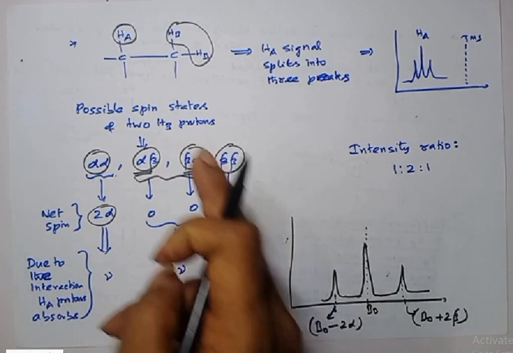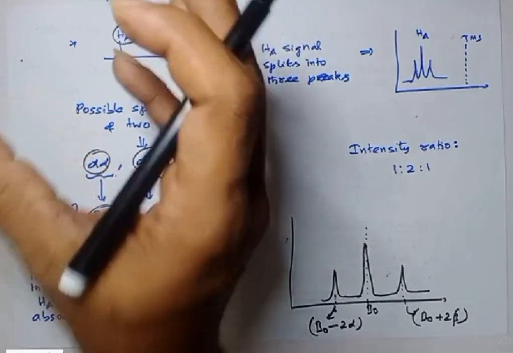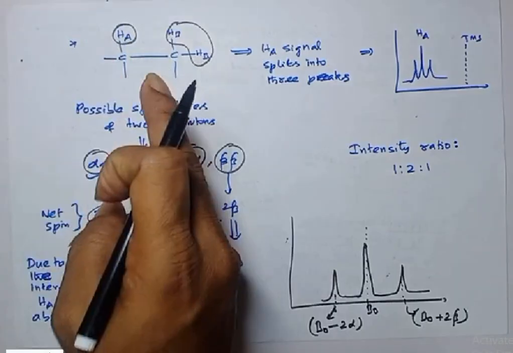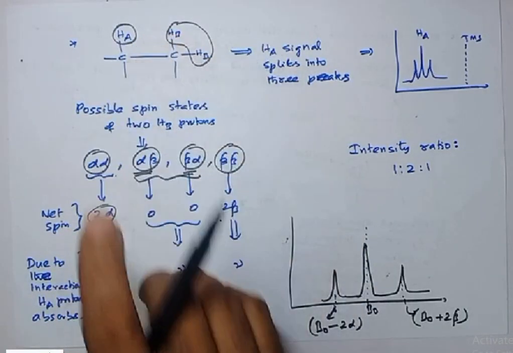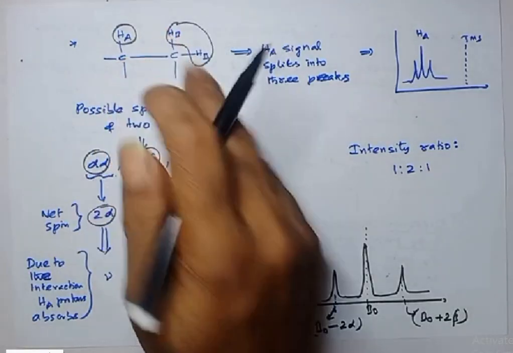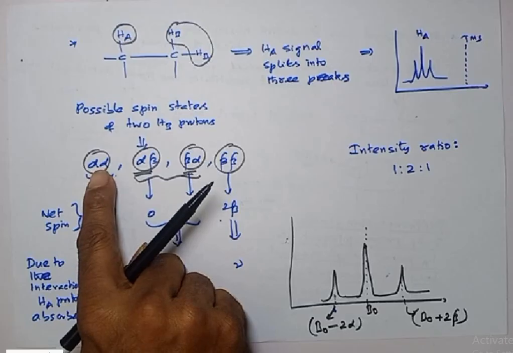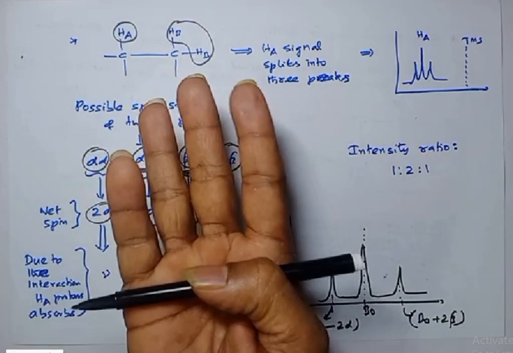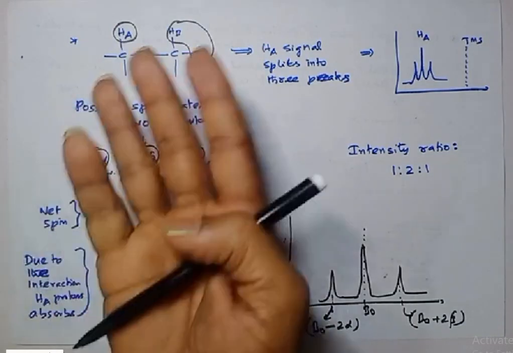So observe carefully. Suppose we take, for example, 100 molecules. In 100 molecules, not all the molecules have the same spin state of HB. The HB protons may have different spin states. Suppose I take 4 molecules.